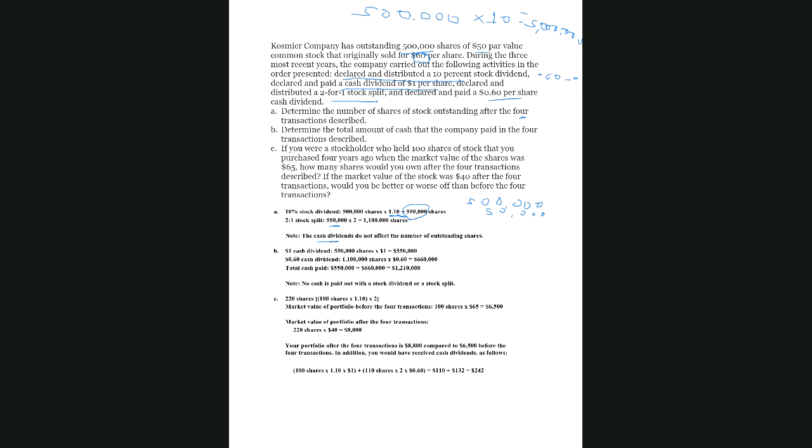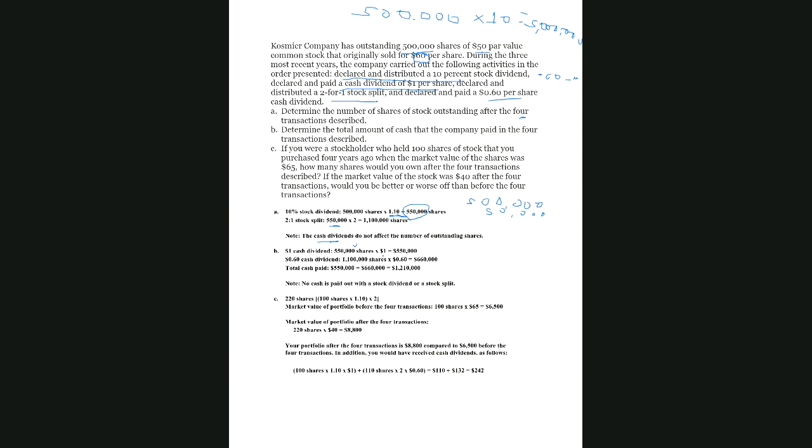After the stock dividend, we had 550,000 shares outstanding. The next thing that happened was they paid a cash dividend of $1 per share. That cash dividend of $1 is multiplied by the 550,000 shares because the number of shares outstanding has been revised. So the new number of shares is 550,000.